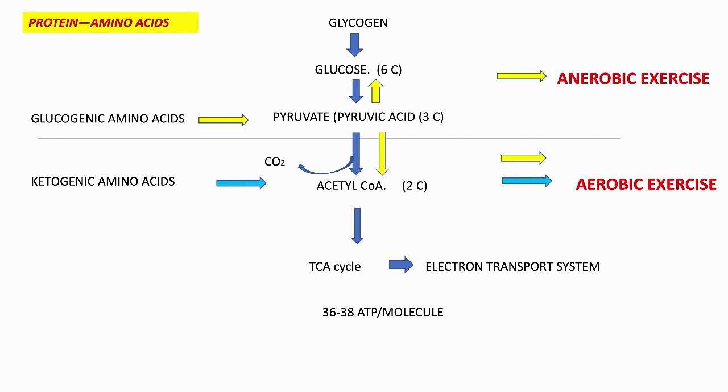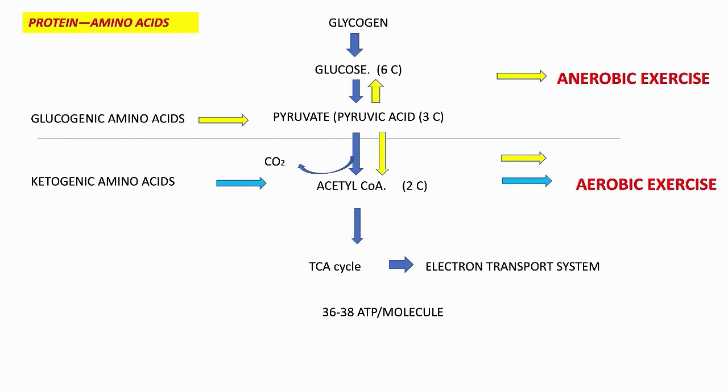We have what are called glucogenic amino acids, genesis of glucose, and we have ketogenic amino acids, genesis of ketones. Glucogenic amino acids can be broken down, the nitrogen is removed, and the carbons are used to form pyruvate or pyruvic acid. These glucogenic amino acids can be used for high-intensity, short-duration exercise because the 3-carbon pyruvate can form lactic acid.